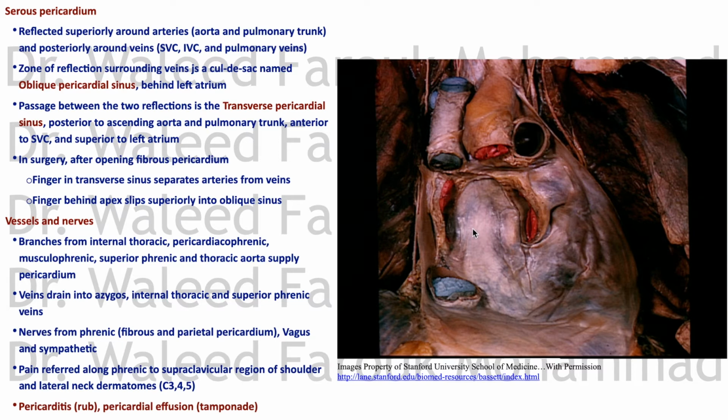And nerve supply are the phrenic for the somatic sensations, and the vagus and sympathetic for the autonomic sensations. Now, because it's supplied by the phrenic, C3, 4, and 5, pain will be referred to the areas supplied by the same nerve roots, which is the supraclavicular region of the shoulder and the lateral neck.